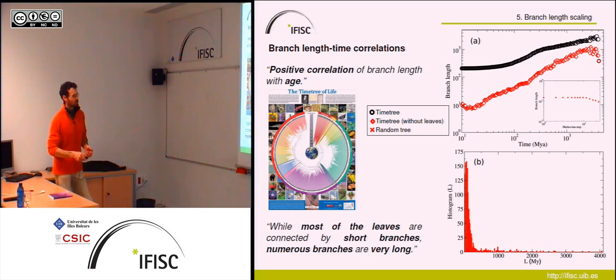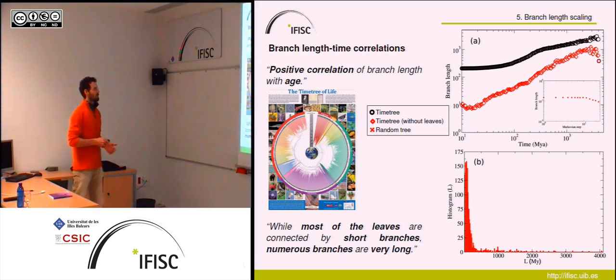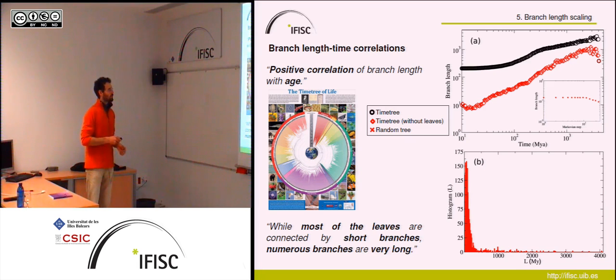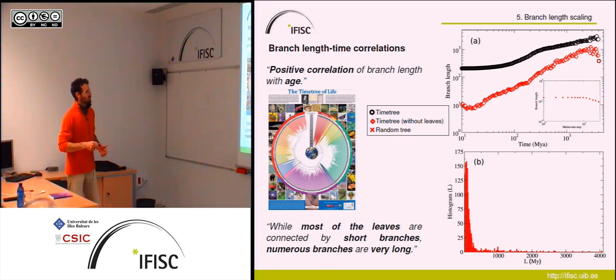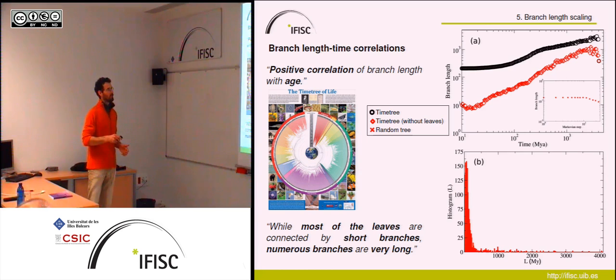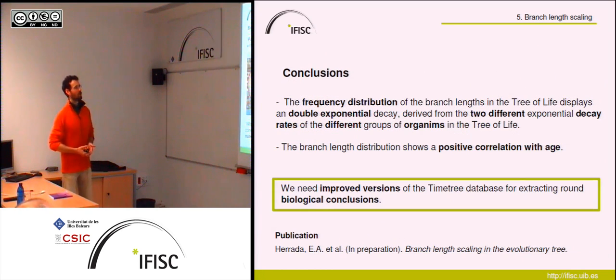There are numerous branches that are very long, and this is because they split very soon, as we can see here in the tree, and that makes that at each transect of time we will find this length, and that makes that the correlation is turned down if we included these branches.